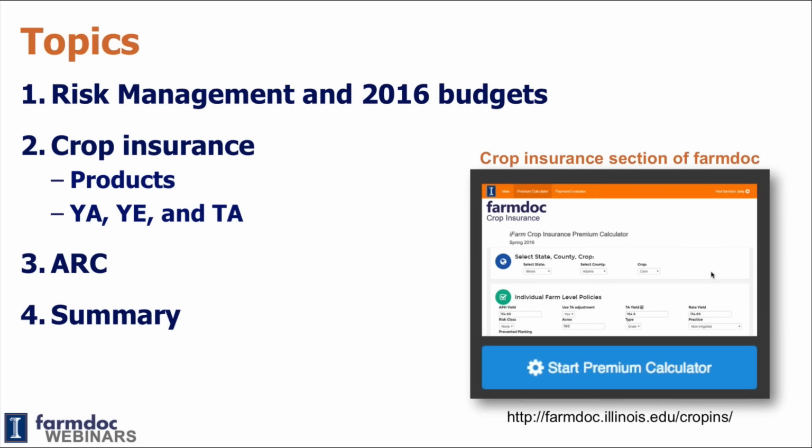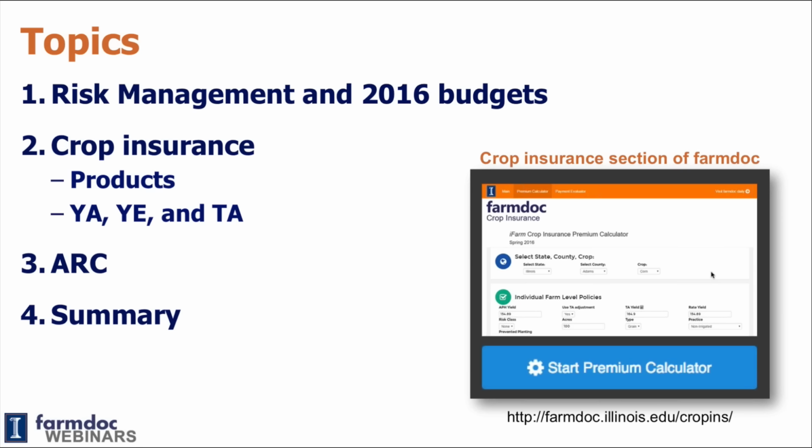Some individuals are looking at whole farm policies. They are fine. The one thing I would mention is that whole farm policies are probably harder to trigger than an individual crop, and as a result, individual crops will probably provide a little bit more coverage than whole farm.